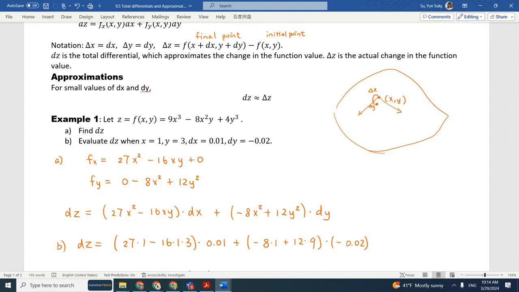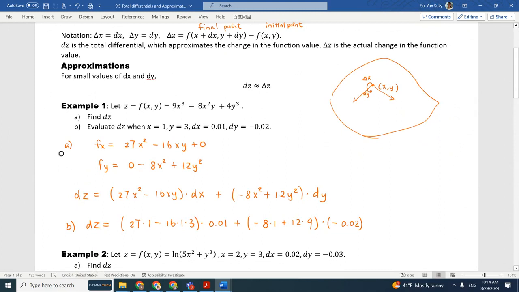Can you type everything in one line? Negative 2.209.